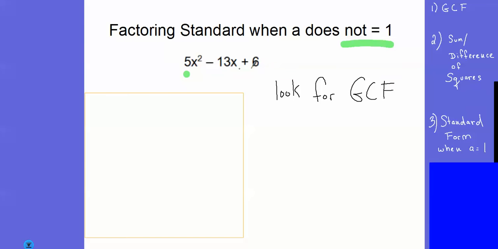In this particular case, I'm not going to find one because this back term does not have a variable, and 5 will not divide evenly into 6, neither will any of the factors of 5, basically 1 or 5. So this has no GCF.